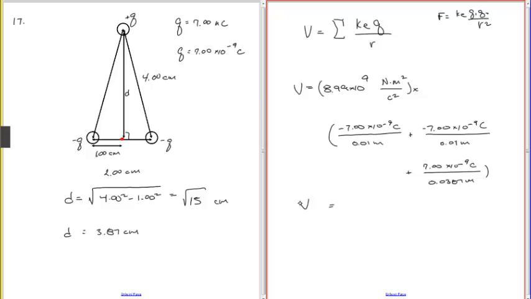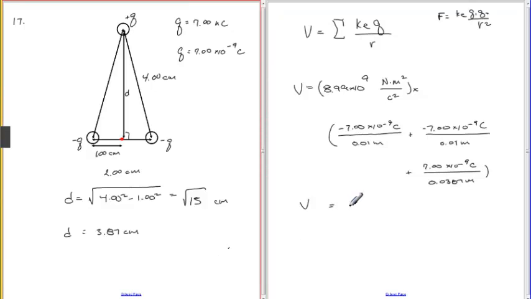So if we now plug in 8.99 e to the 9th times the quantity, negative 7 e to the minus 9 divided by 0.01, minus 7 e to the minus 9 divided by 0.01, plus 7 e to the minus 9 divided by 0.0387, close the parentheses.